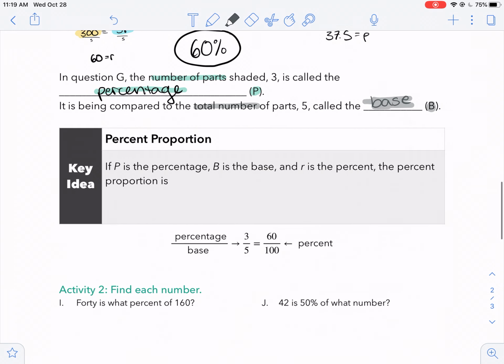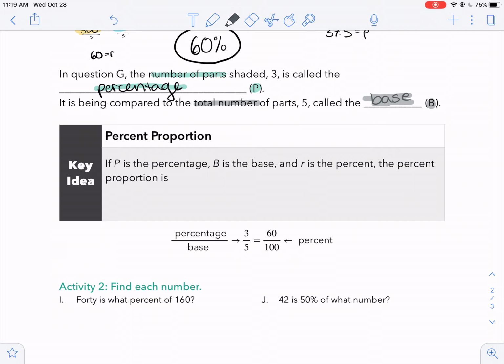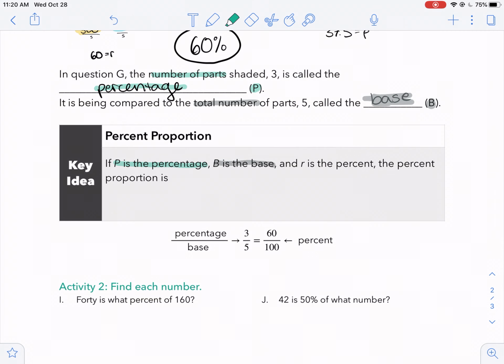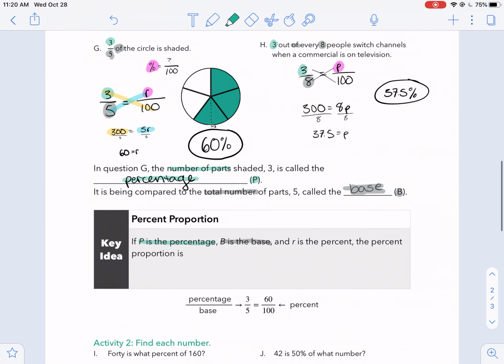We're going to use something called the percent proportion. The percent proportion shortcut tells us that if we have a percentage P and a base B with a percent R, remember we use R for ratio, we're going to follow the same pattern.